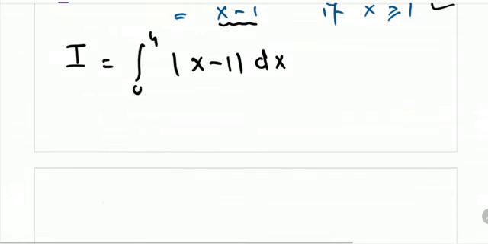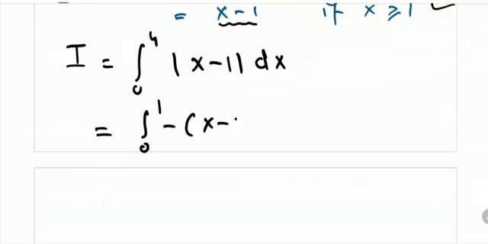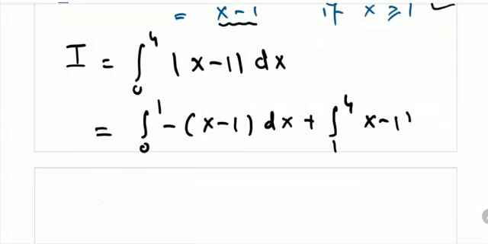So I'll just break this integral at 1. 0 to 1 I write minus of x minus 1, and for the second part 1 to 4 I keep it x minus 1. So both the parts are still positive. You take any value between 0 and 1, say 0.5 minus 1, which is minus 0.5, but the minus outside will make it positive, right? So the idea is to keep it positive in both the parts.